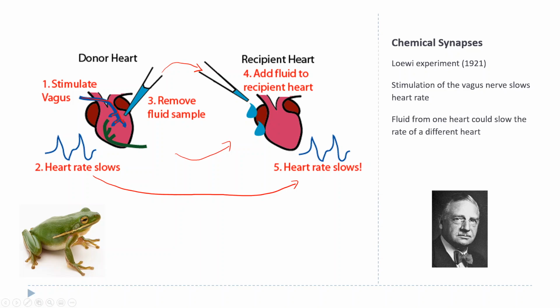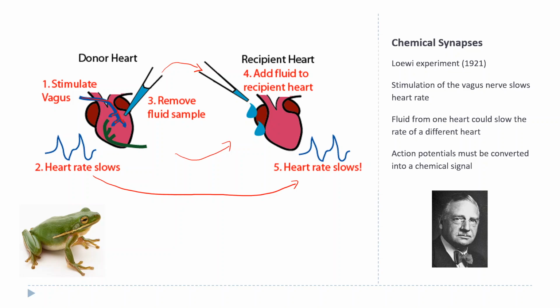And so the only explanation for this is that there must be something in that fluid that was being released by the vagus nerve that was causing the heart rate to slow. So that means that the electrical signal, in other words, the action potential, must somehow be converted or transmitted as a chemical signal from the nerve to the heart.